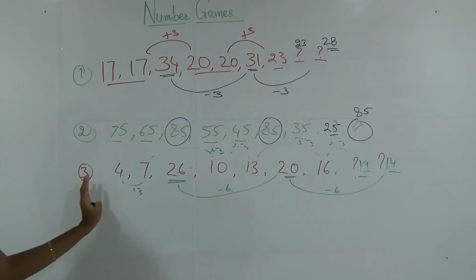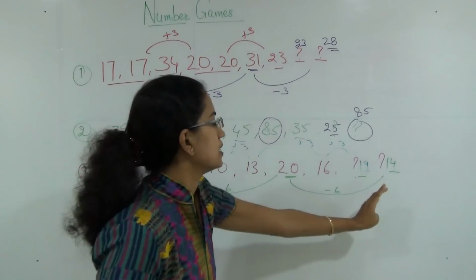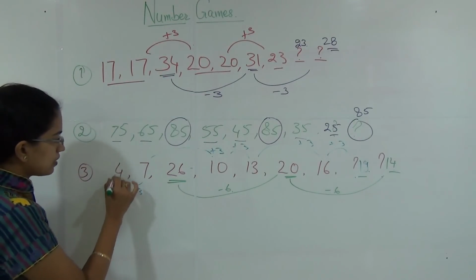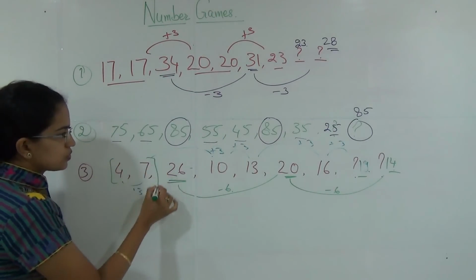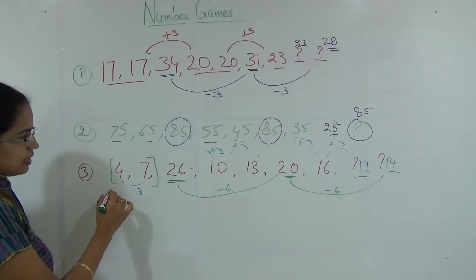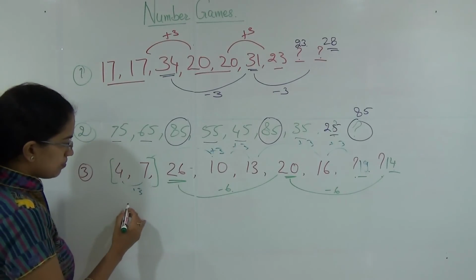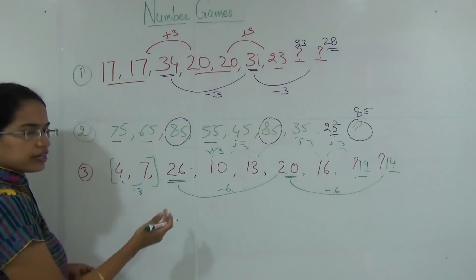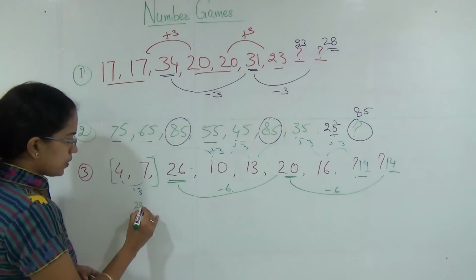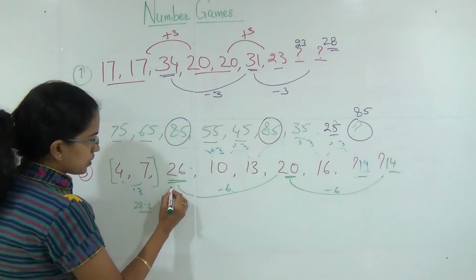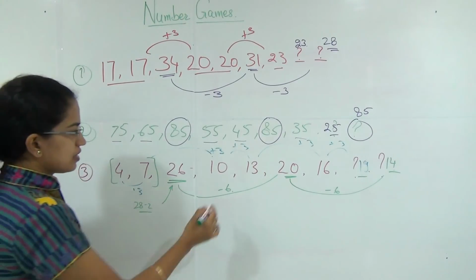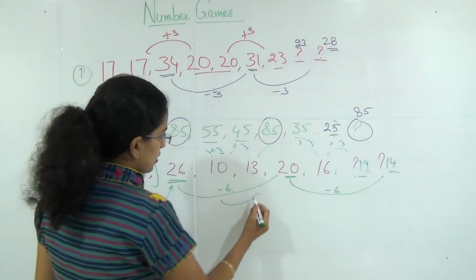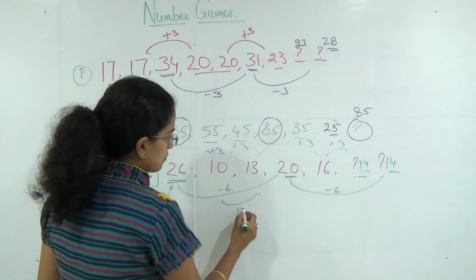Now what most students do here is they try to find a relationship between these two numbers. Let me say they try to multiply 4 and 7. So they say 28 minus 2 is 26. Okay, this series is coming up. Now they will try the same here. If they multiply 10 and 13, it would be 130.